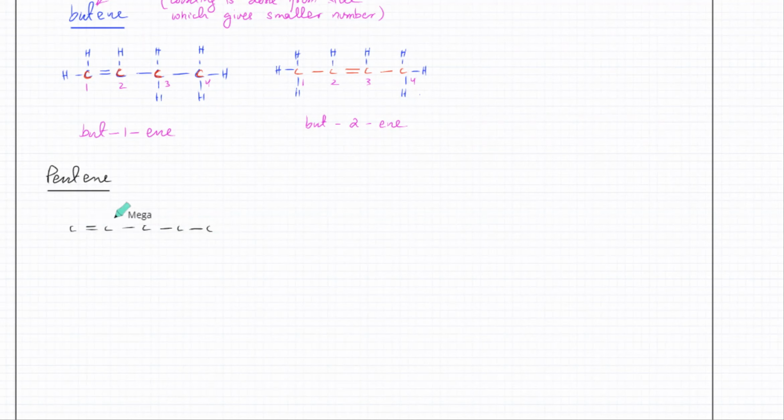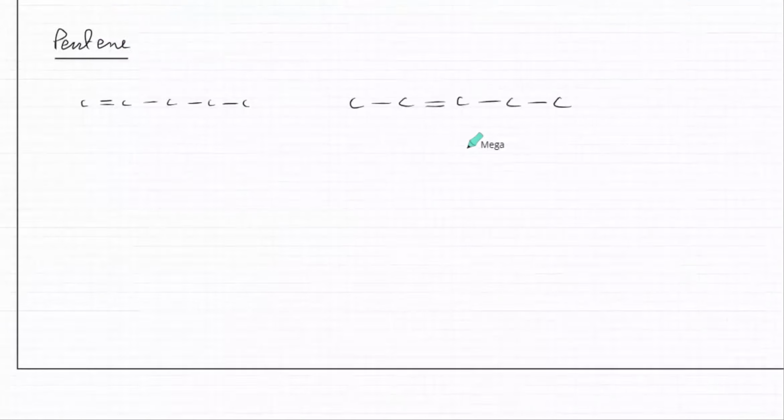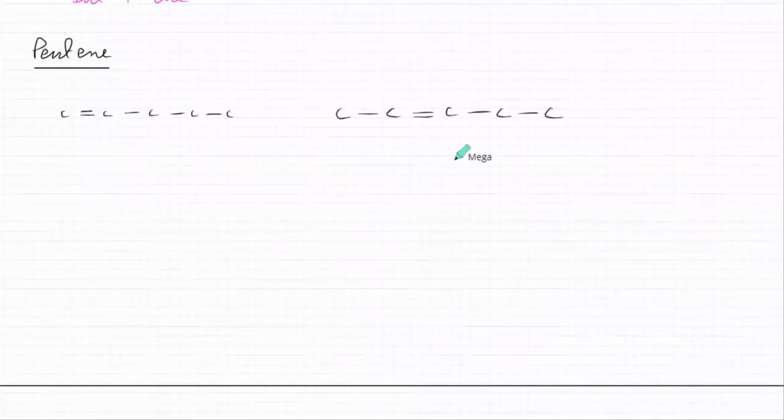The double bond could be at the first carbon atom, or there could be other versions of this. You could have 5 carbon atoms, and the double bond is between the second and the third carbon atom. And that's it. All the other versions are going to be just flipped or rotated versions of the same thing.